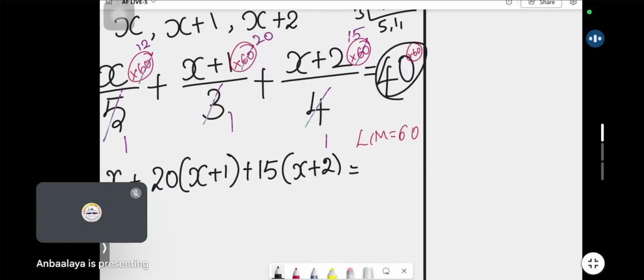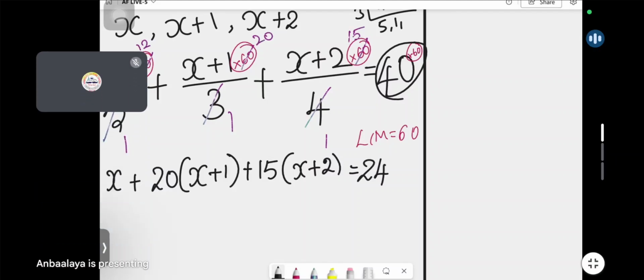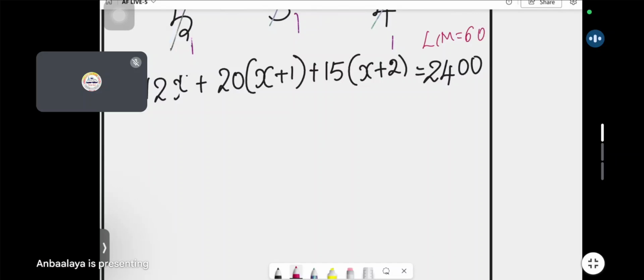Multiply and tell me 40 into 60. 2,400. So this is 2,400. Let me tell you the common mistake you people will make. Here, you will just ignore this 60 and write 40 on the LHS in the next step. That is the common mistake many of you will make.